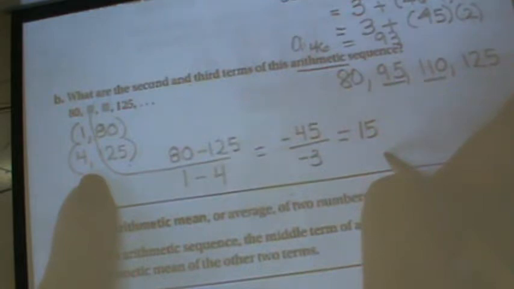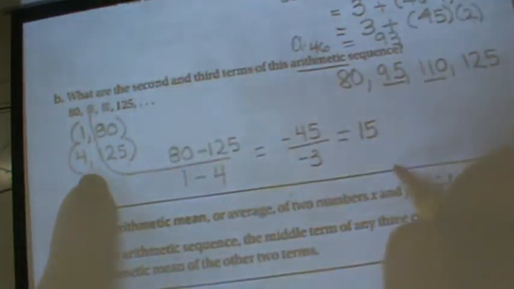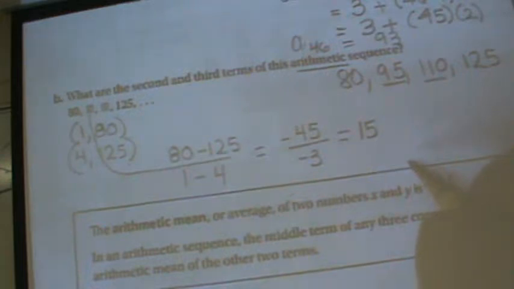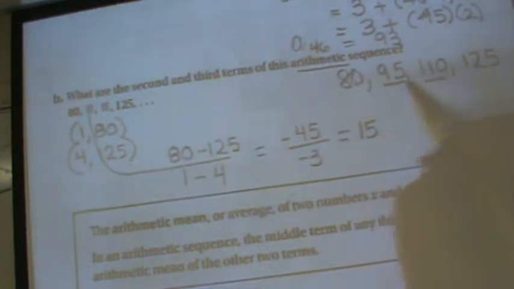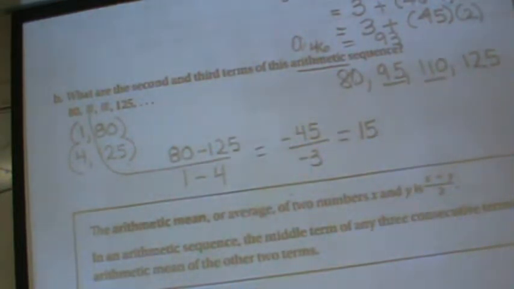So it's going up. How do I know it's going up? Well, it's from 80 to 125, it sure is going up. Always make sure that it makes sense. You always want to look at your answer and say, hey, does this make sense? It's going up by 15, and yeah, it sure does make sense.